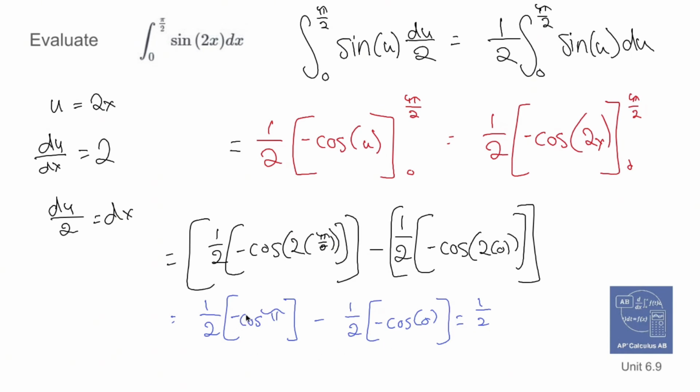So negative cosine of pi is +1 minus 1/2. Negative cosine of 0, well, cosine of 0 is 1, so negative cosine of 0 is going to be -1. So we have 1/2, double negative plus 1/2, which last time I checked gives us a whole. And that's what we get. Tricky. Fun.